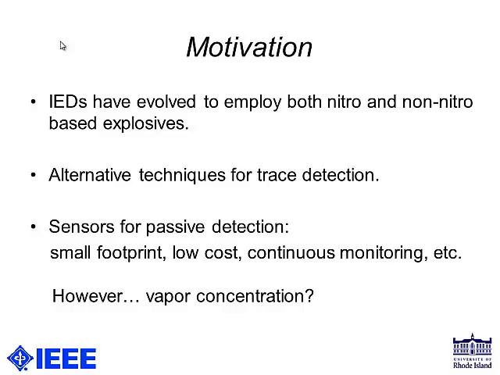So alternative techniques for trace detection are required. Sensors have many advantages for this purpose, so they are ideal to detect IEDs. However, there's one limitation, which is that they require a relatively high vapor pressure for their target materials.